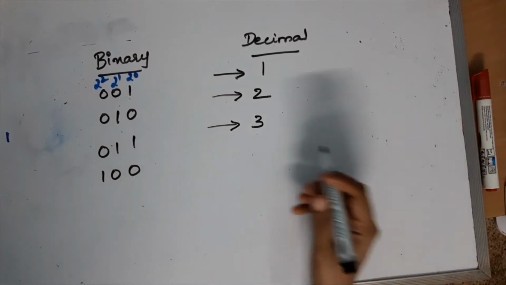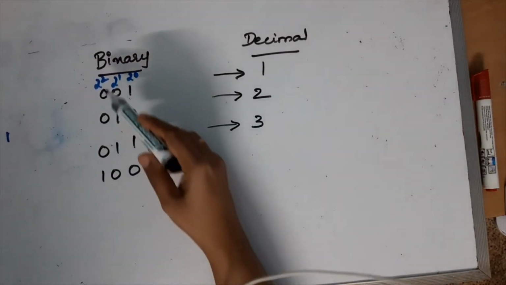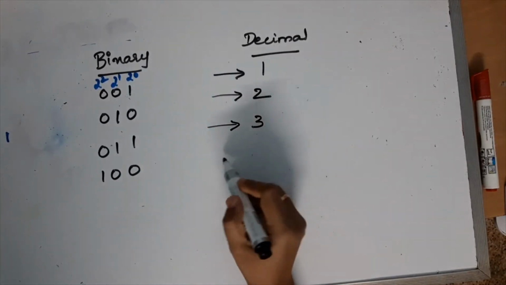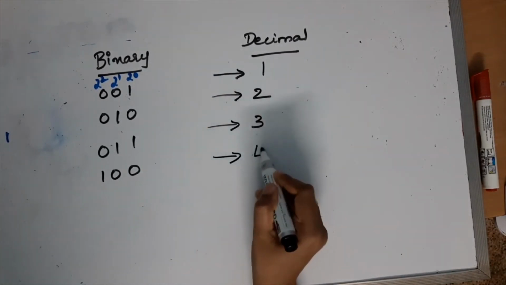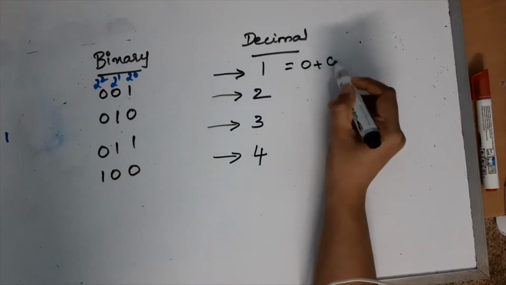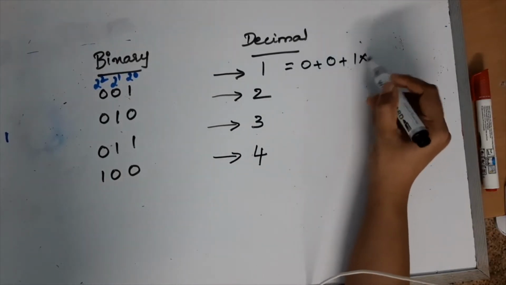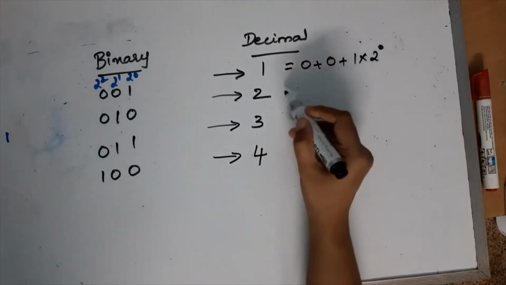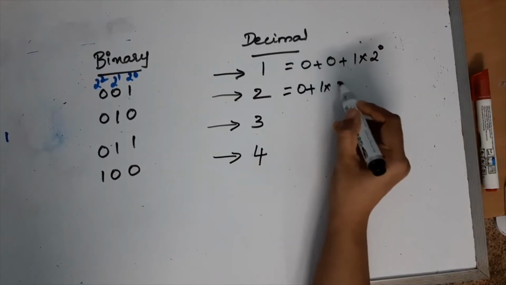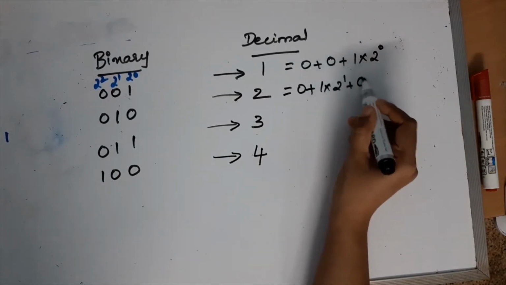So 100 is 2 raised to 2 into 1 plus 0 plus 0. 2 raised to 2 is 4. So this is 0 plus 0 plus 1 into 2 raised to 0. This is 0 plus 1 into 2 raised to 1 plus 0.